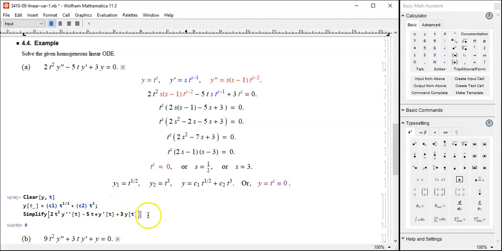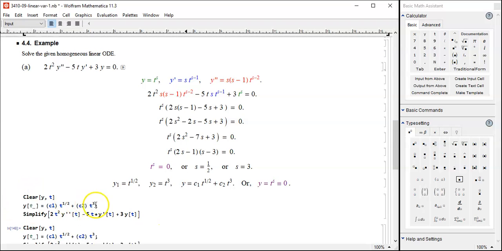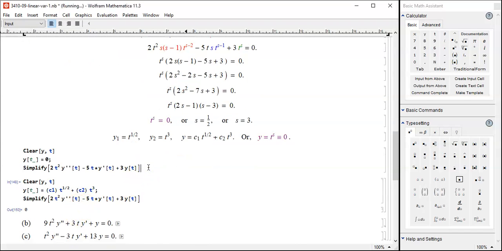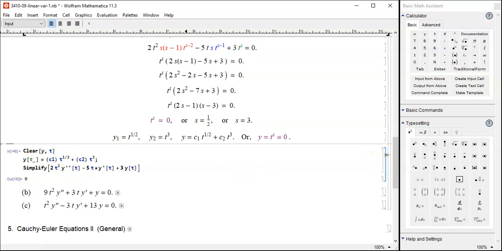By the way, what if I define y of t as constantly 0? And yes, that too is a solution. But then again, if y is constantly 0, I don't need Mathematica to check all that. The singular solution is really simple.